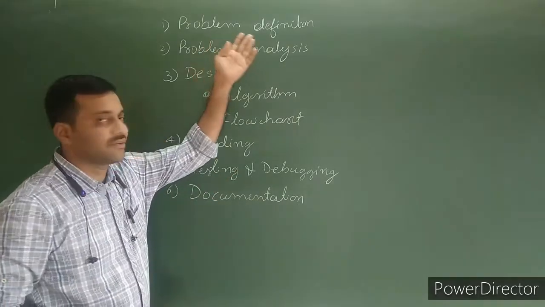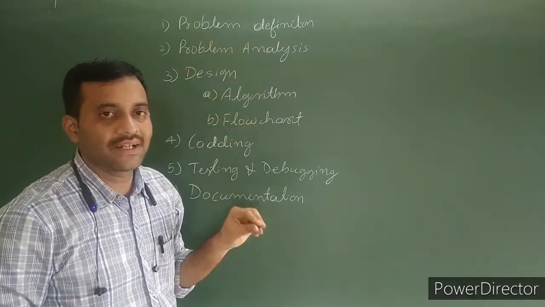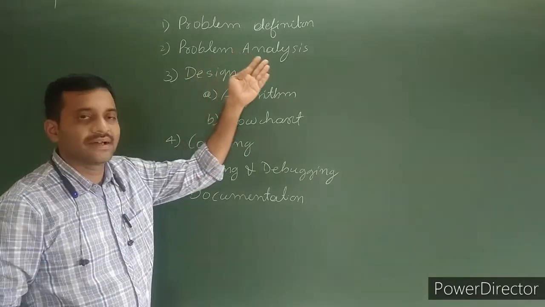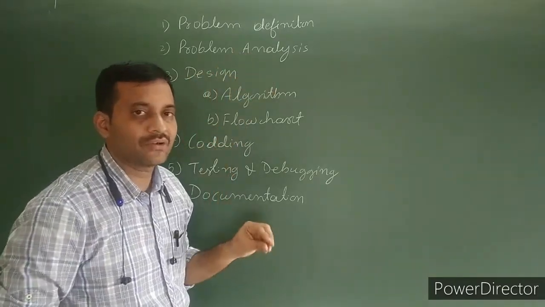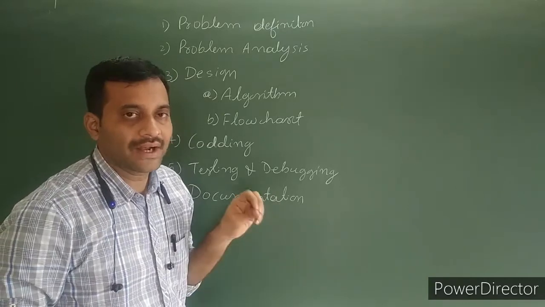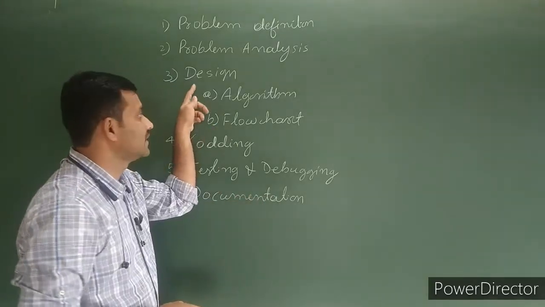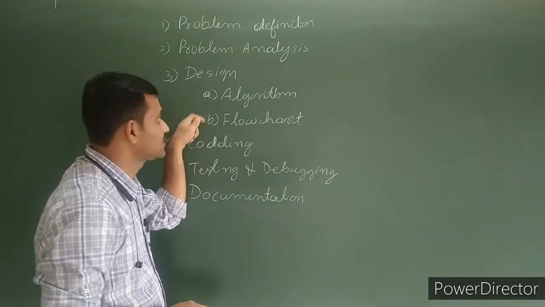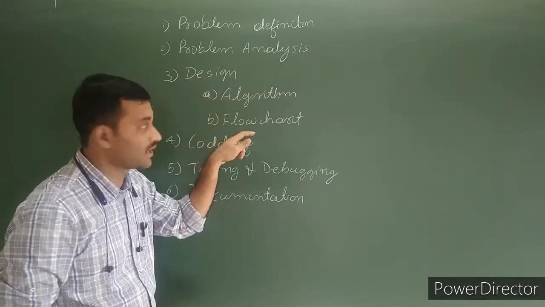So here, problem definition is a well-defined English statement. Then in problem analysis, we analyze the input, output and additional requirements. Then in the design there are two sub-steps, algorithm and flowchart.